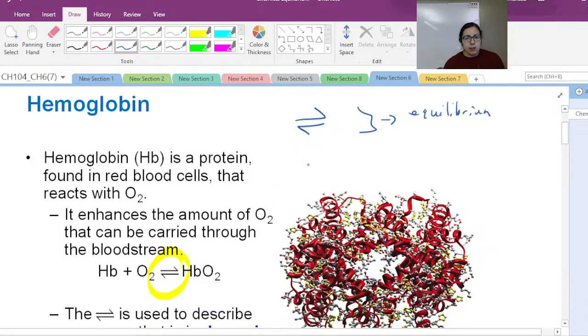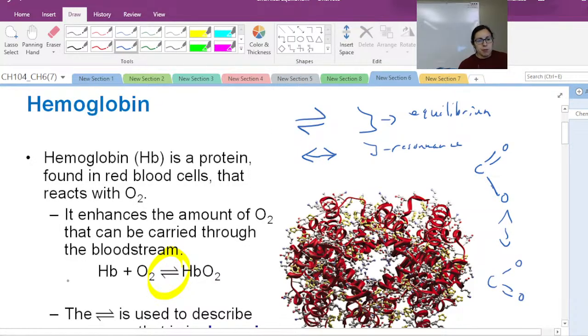And so you could compare that to the double-headed arrow of resonance. So resonance shows just electron movement. I'm trying to show resonance versus equilibrium.